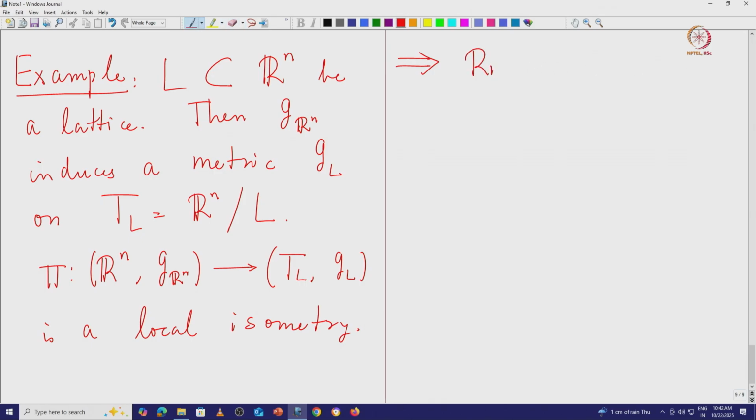Right. So because Rm of the Euclidean metric is identically 0 and pi is a local isometry, this automatically implies that for these tori also the curvature vanishes completely. Okay.